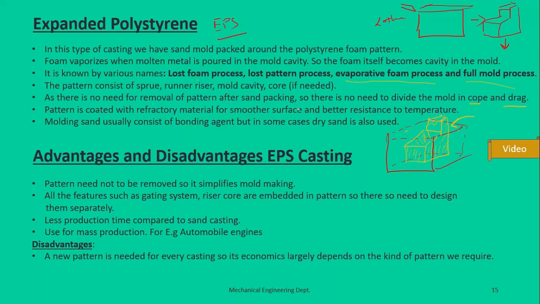We coat it to get a smoother surface in our final product, and also for some resistance to temperature, because we want it to sustain some amount of heat for some period of time, so that the molten material will have enough time to enter the pattern cavity and fill this space completely.